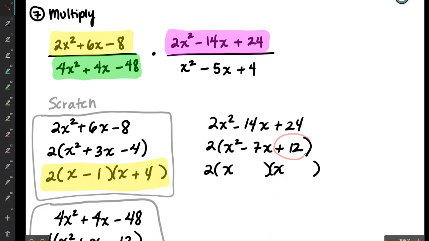Because they multiply together to give me a positive, I know that their sign is the same, and since they add up to be a negative, I know that they're both negative. And a minus 3 times a minus 4 gives me positive 12, and a minus 3 plus a minus 4 gives me that minus 7. So pink is equal to pink.